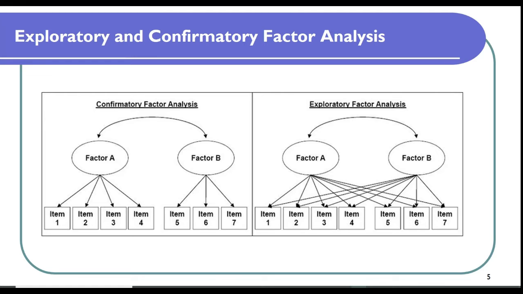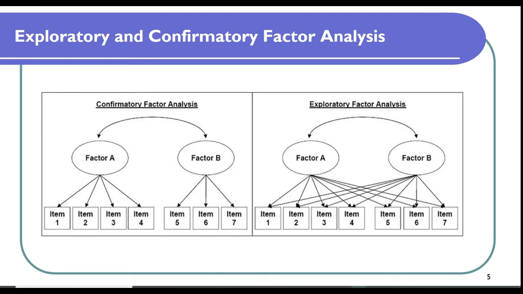EFA is often used in the earliest stage of research to gather information about or explore the interrelationships among a set of variables. But CFA is a more sophisticated set of techniques used later on in the research to test or confirm specific hypotheses or theories concerning the structure underlying a set of variables.